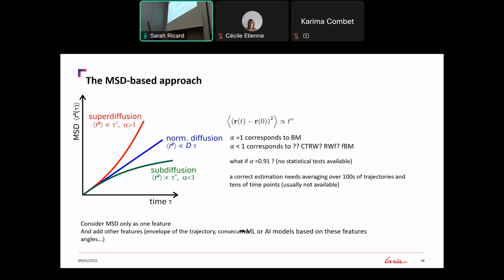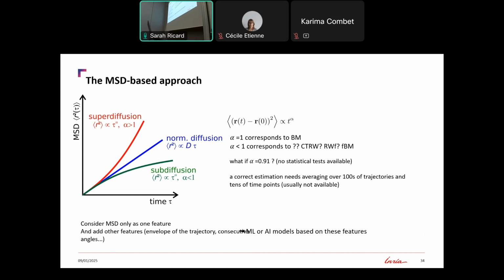Well, if you have features, you can run simulation with a known model. You can say, okay, I will simulate trajectories with CTRW and with this value of alpha. I will compute the trajectory, the features. And if I do that, I can do very simply machine learning like gradient boosting to do model selection.